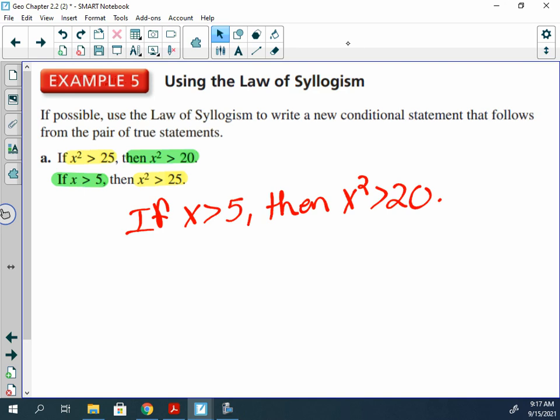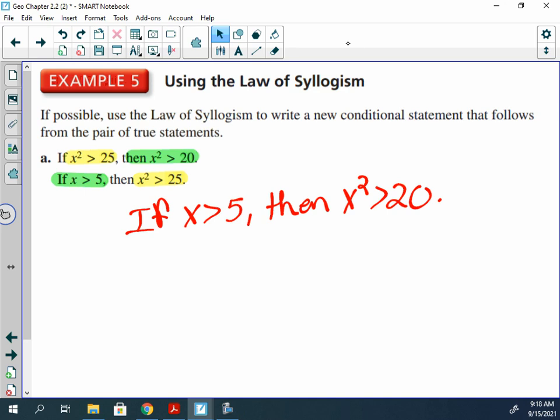And the one other thing would be just making sure that both statements are true, and they are. Because if x squared is greater than 25, then x squared has to be greater than 20. Because if I have a number squared that's greater than 25, so 6 squared is 36, yes? Is 36 also greater than 20? Well, yes.